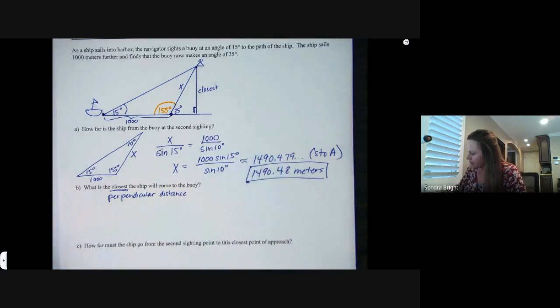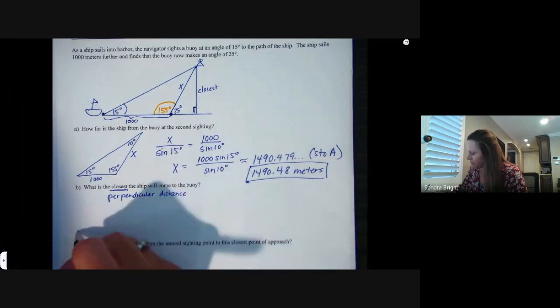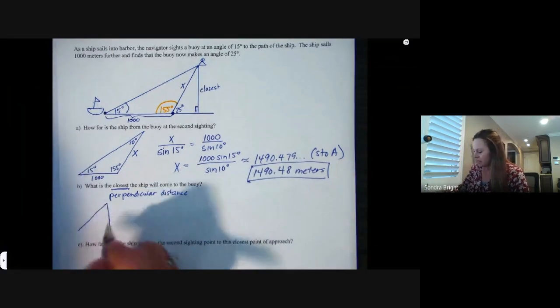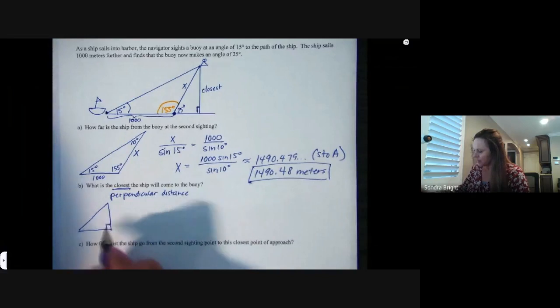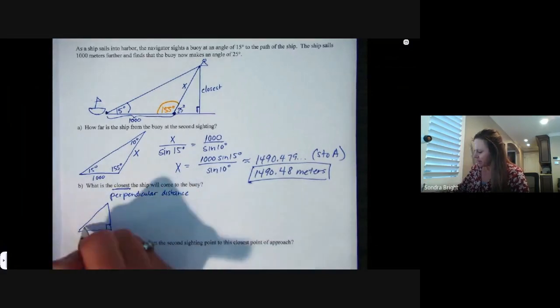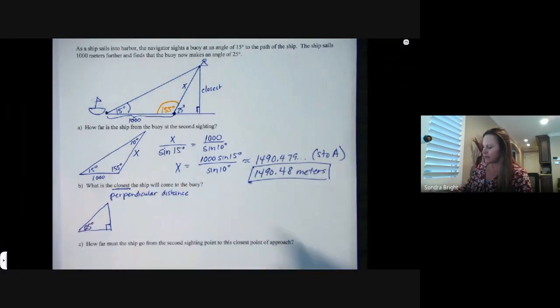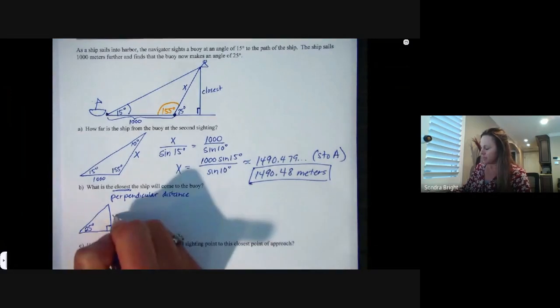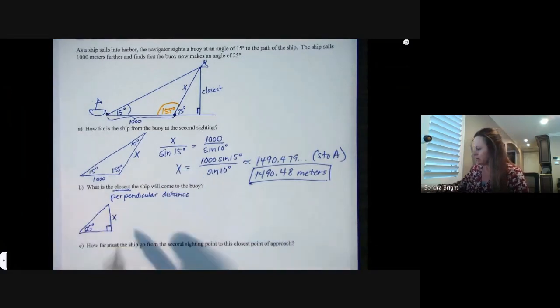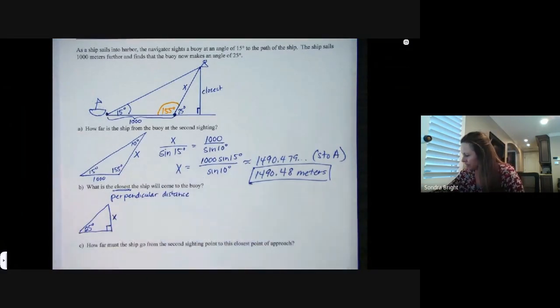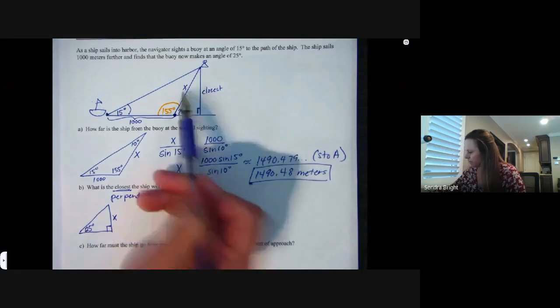So now I'm going to redraw the triangle that I'm going to use this time. I'm going to use this right triangle that I know is 25 degrees here. This is my new x value for the closest part. That's what I want. It's a different x from before. If I erase that one, I don't want you to confuse it. This is a new x.